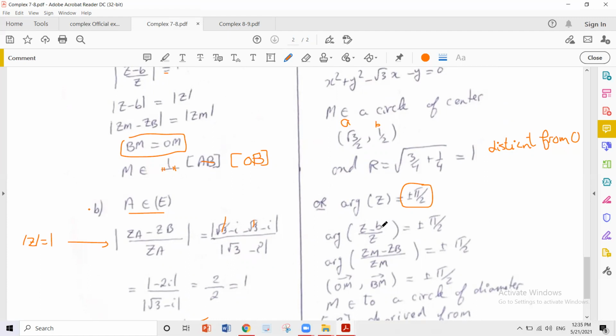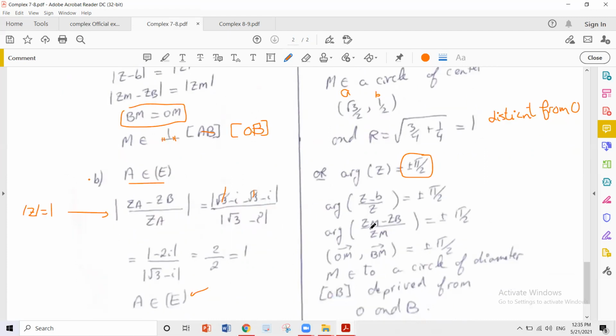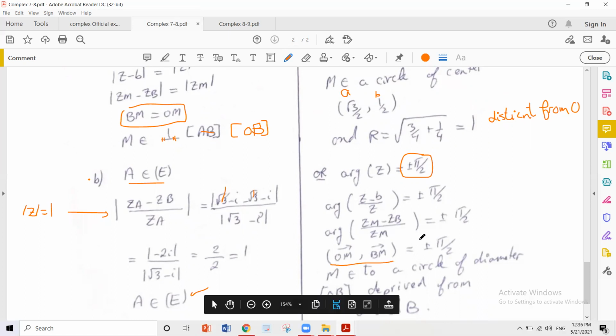So I put the argument of z minus b over z equal plus or minus pi over 2. The argument of zm minus zb over zm equals plus or minus pi over 2. So the argument is the angle OMB, equal to plus or minus pi over 2.